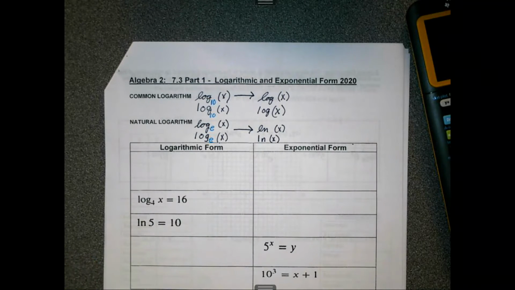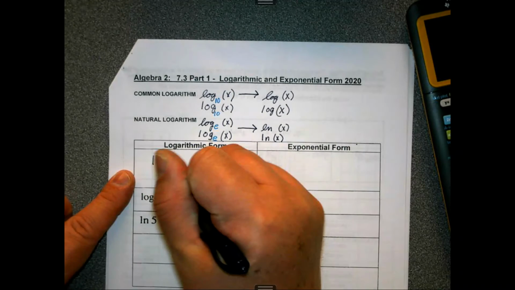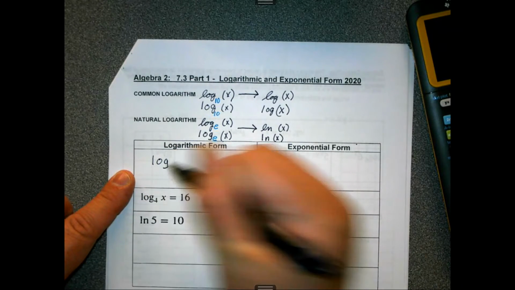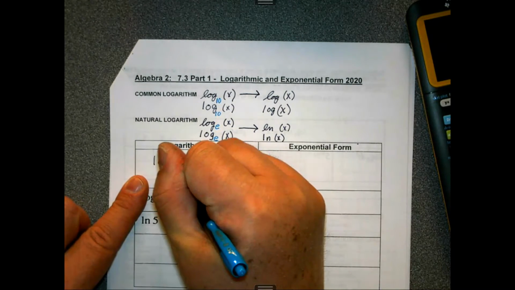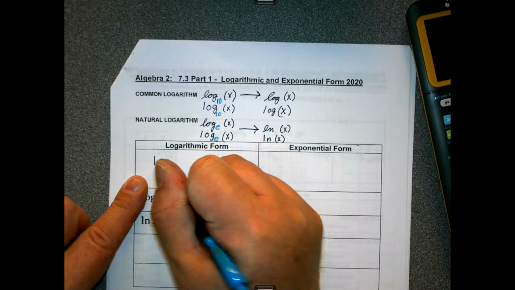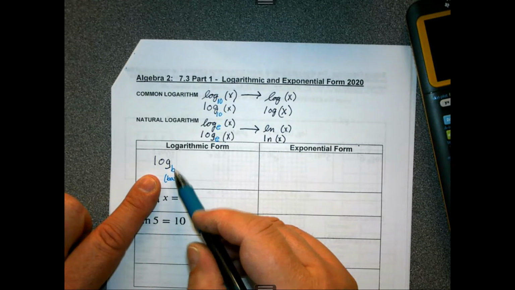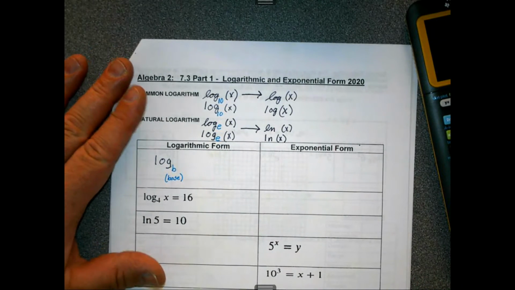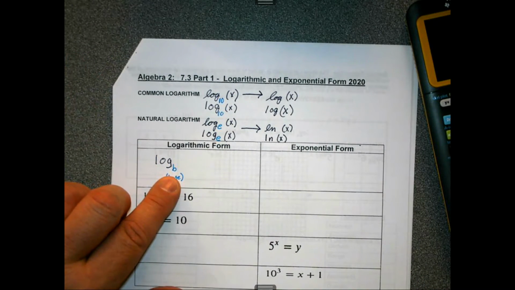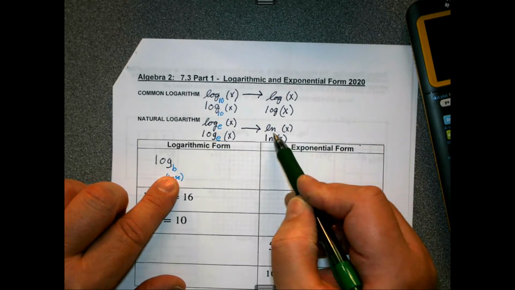Okay, so log form. I'm going to have my log, and I'll try to start out with printing. So I have my log, my base b, right? That's my base. And when you put the base in there, it's a subscript, so lower it a little bit if you can. So we're going to have log with a base. Remember, if it's base 10, we don't put it there, or if it's base e, we use ln.